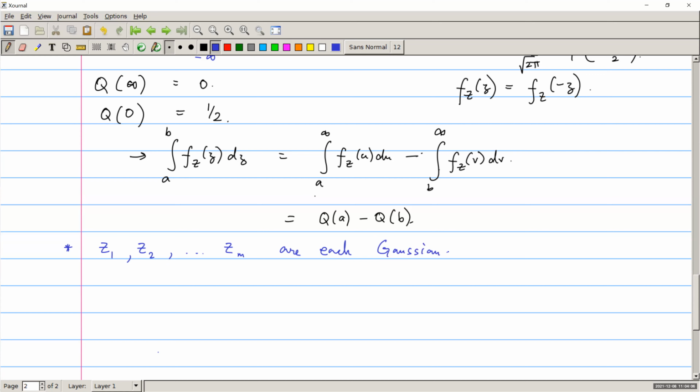Okay, now even though each of them is individually a Gaussian random variable, that by itself is not the important case for us. Okay, what we want is something about the joint PDF. Okay, we don't necessarily want them to be independent, but we want them to be something called jointly Gaussian.